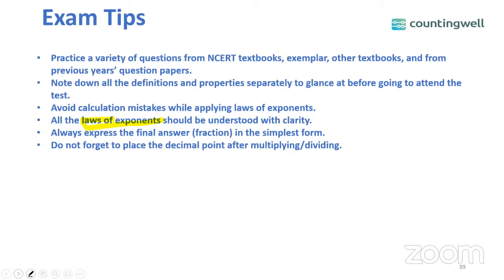Also, do not forget to place the decimal point after multiplying and dividing. When you are dividing decimal numbers, you ignore the decimal point, at least in the dividend, so you have to take care of the decimal point for the final result.